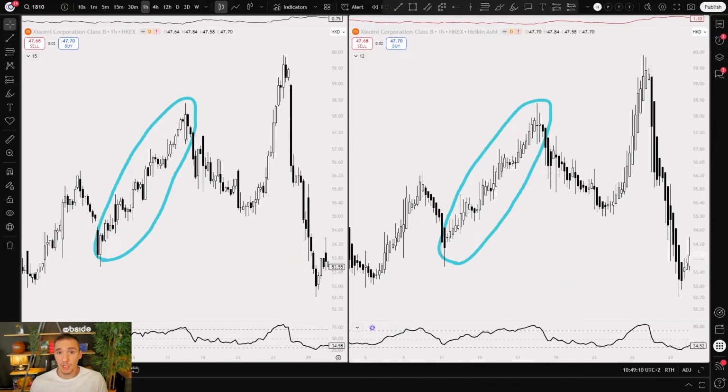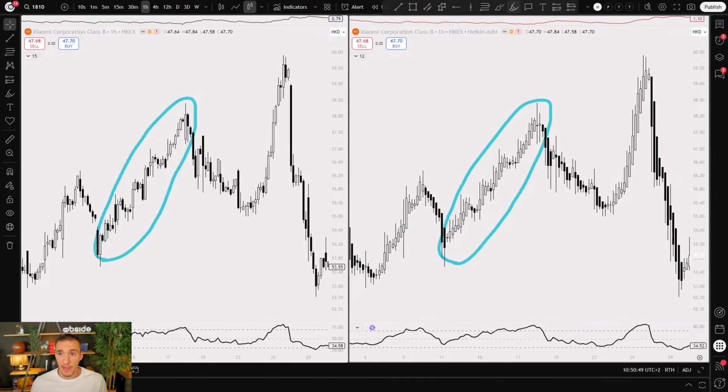So on the Heikin Ashi chart, the bullish bias was way easier to maintain because mathematically, thanks to the formula of the Heikin Ashi bar, most of the time on this up move, the price and momentum were still kept bullish. Therefore, it was much harder to question the up move on the Heikin Ashi chart than it was on the regular candlestick charts, where 40% of the candles were counter trend.